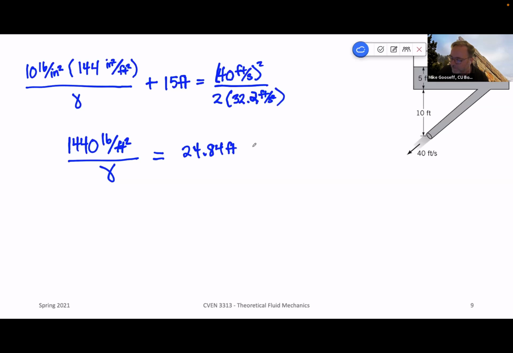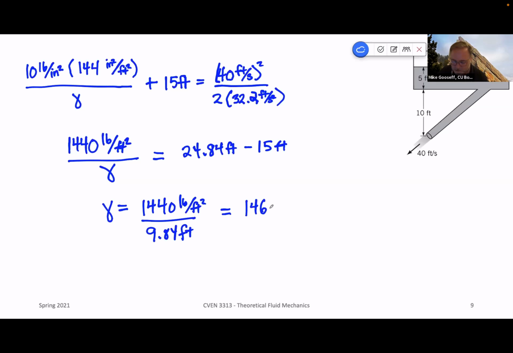And then I'm moving that 15 over here, minus 15 feet. So now we get gamma is equal to 1,440 pounds per foot squared divided by 9.84 feet. And that comes out to be 146.34 pounds per foot cubed.